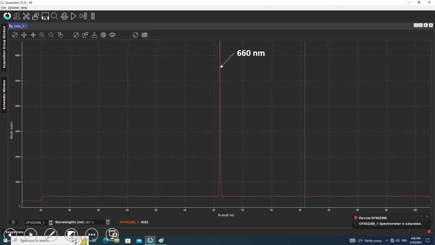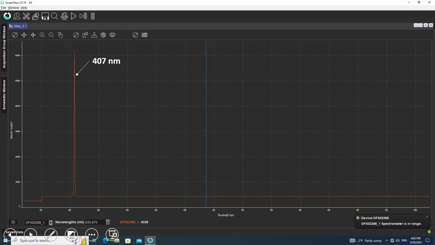So this is the spectral distribution for our red LED laser. We see a very sharp peak at a position of 660 nanometers. So this is the true wavelength of this laser. And if we compare this with the blue LED, we get the sharp peak position at 407 nanometers.